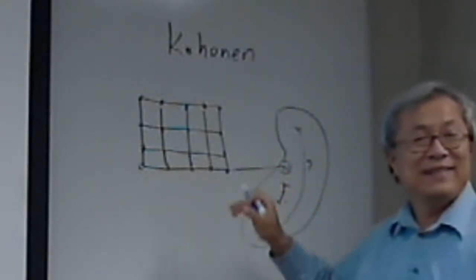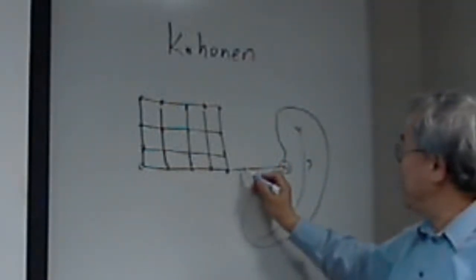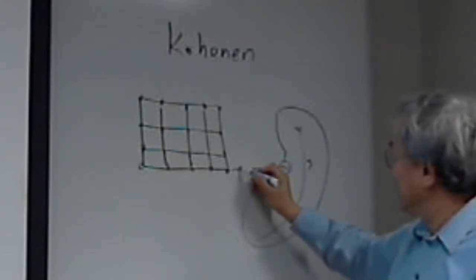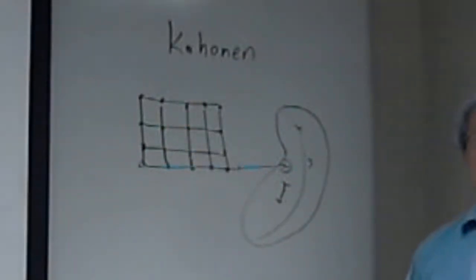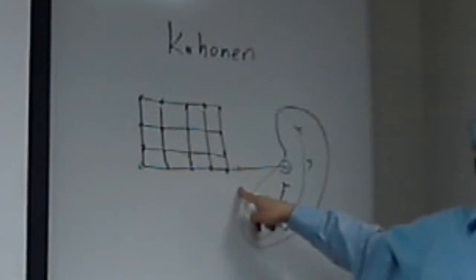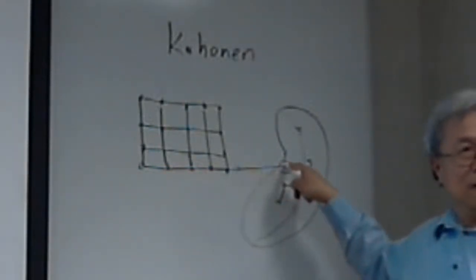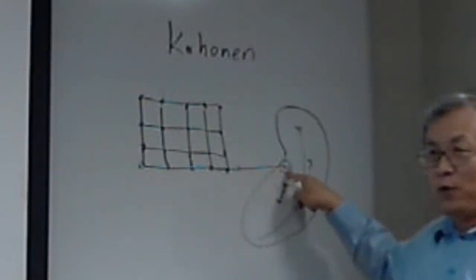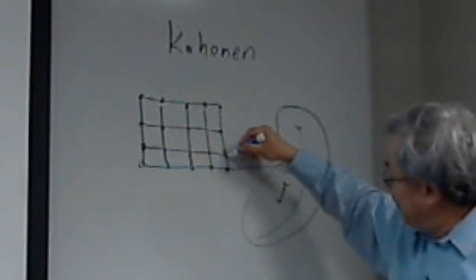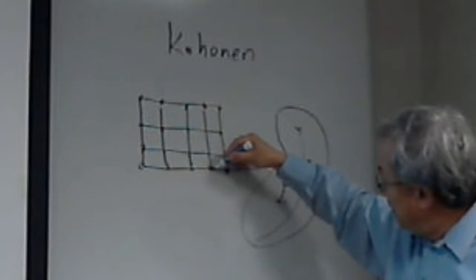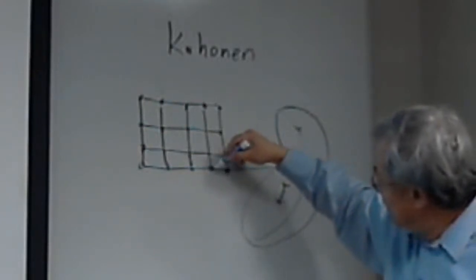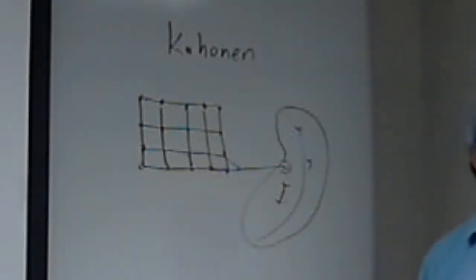So 0.05 means it will be 5% closer to that point. Here this would be modified, maybe using this color. Roughly, this is about 5% between these two points, so 5% closer. The first step would be something like this, and the codebook will be modified to this.